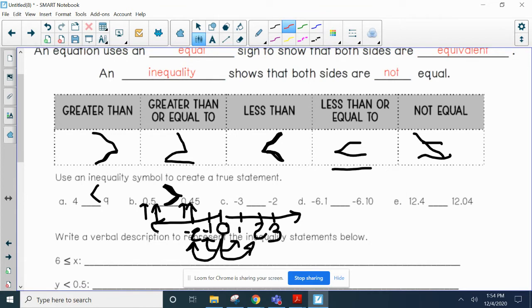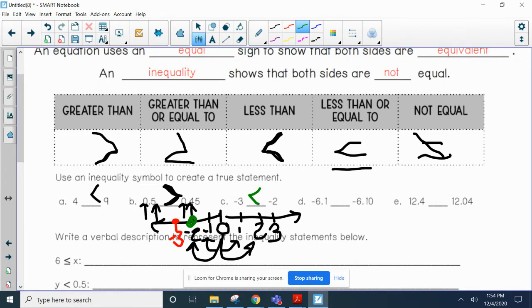So I have negative 3, and right before negative 3, I have negative 2. So negative 3 is smaller than negative 2. I say this a lot in class and lessons, but I like to think of negatives with money.